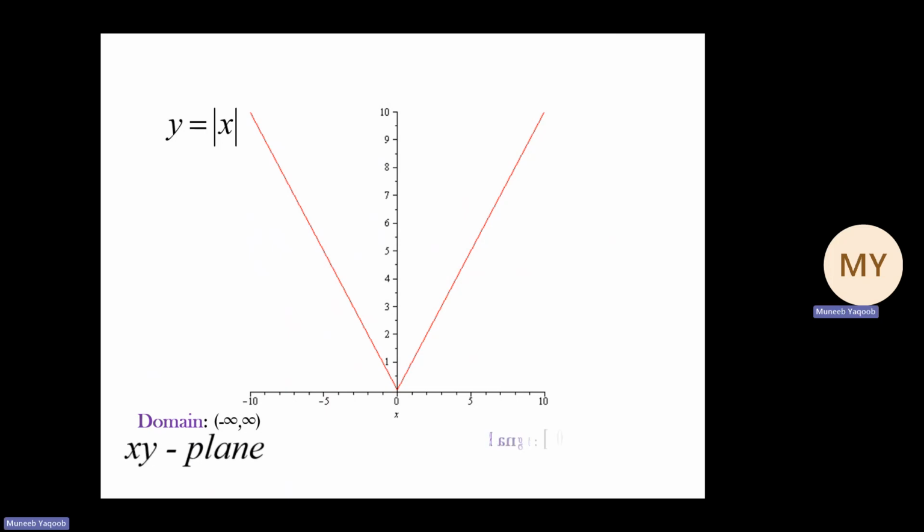Okay, so what about the range of this function? It is very simple. Y cannot be negative in a modulus function. So the lowest possible value of y is 0, which is inclusive, and the highest possible value is not defined. So we will write it as positive infinity.